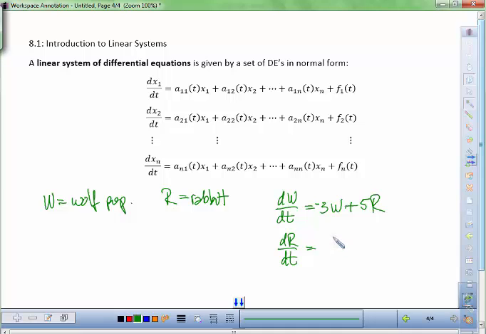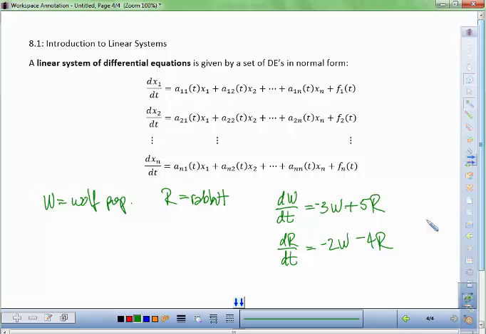So minus 2W minus 4R. So this can describe a system of populations between the wolves and the rabbits.